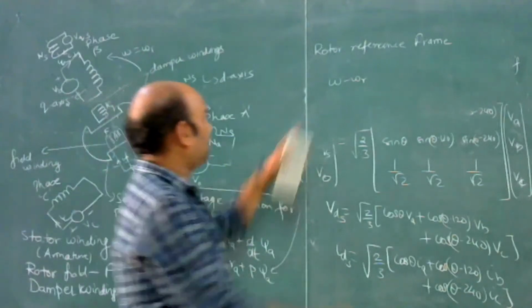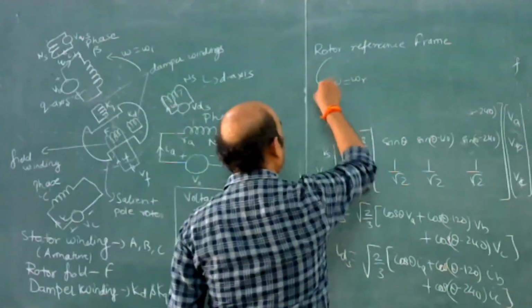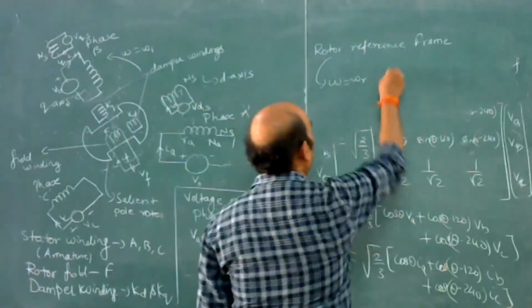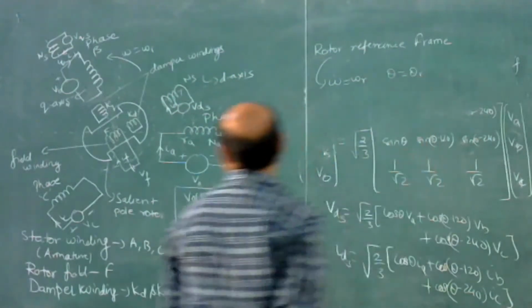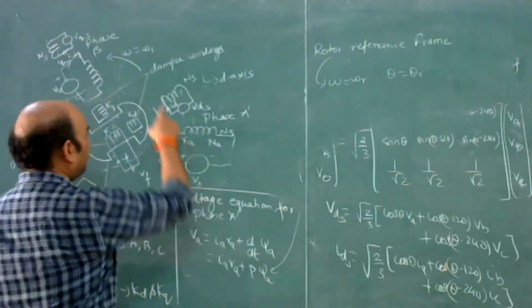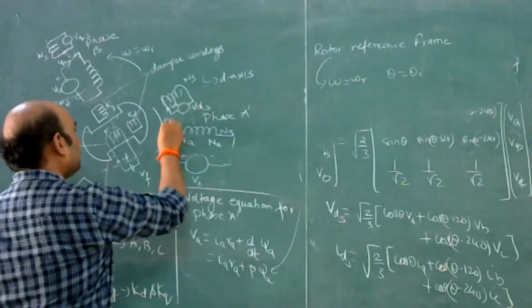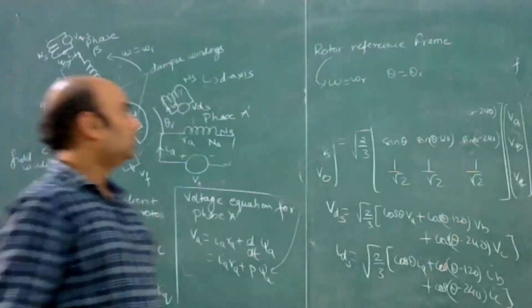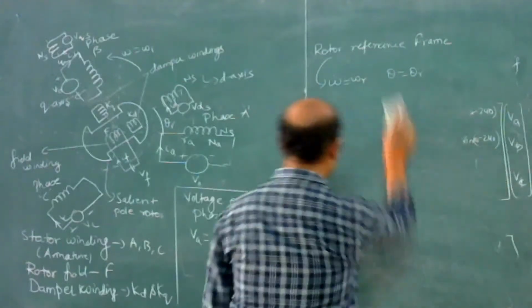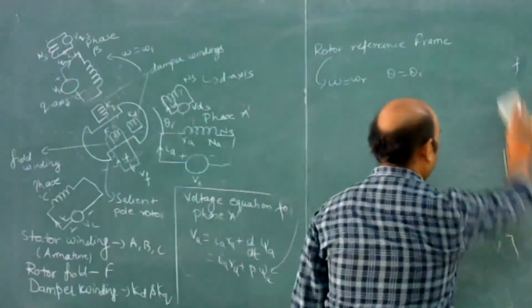So the reference speed of this rotor reference frame is omega equal to omega r and theta equal to theta r, where theta r is the angle between the phase A axis and the B axis. Theta is equal to theta r. Sometimes this rotor reference frame is also known as the Park reference frame.